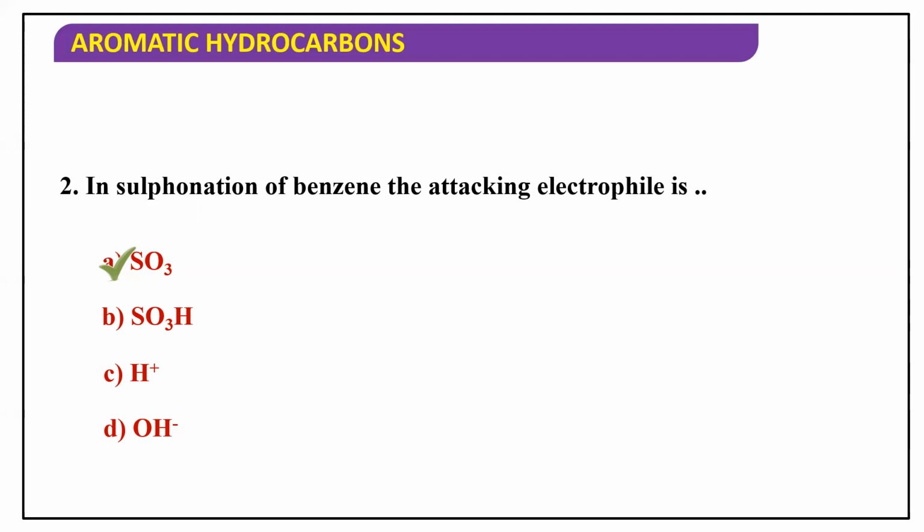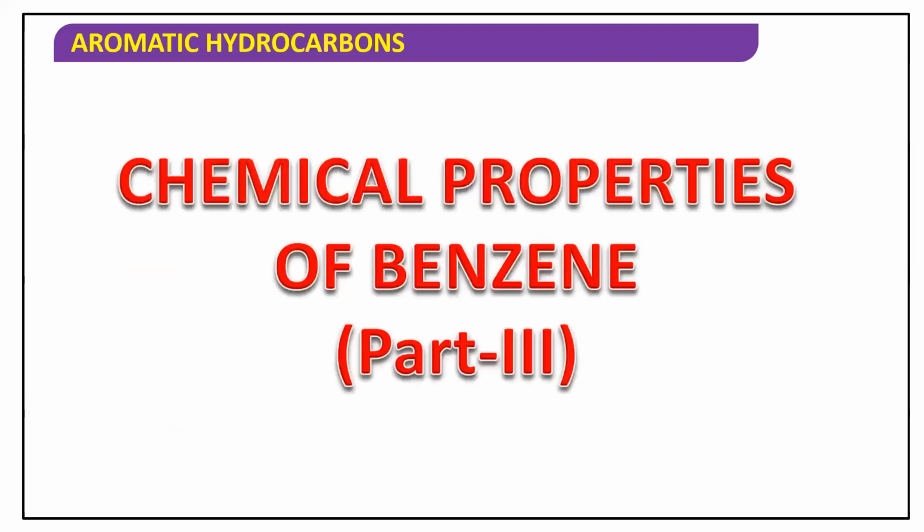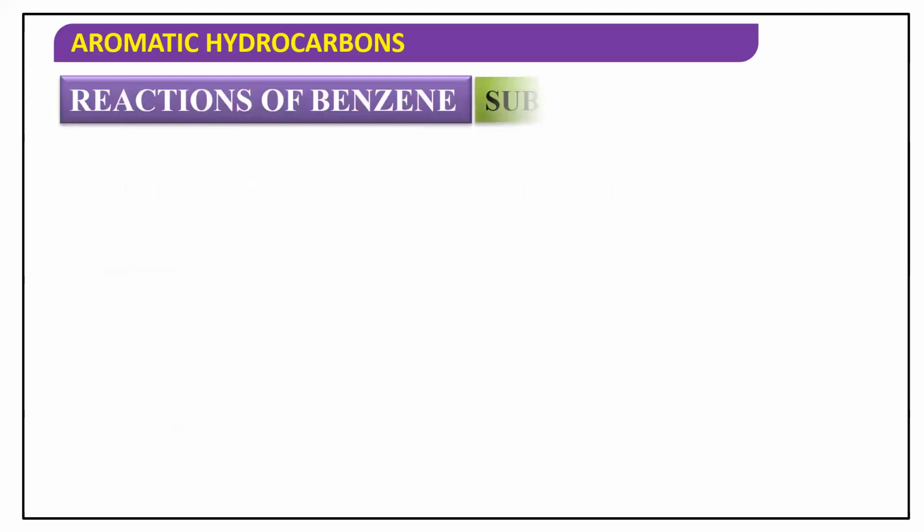Now, how can somebody be neutral and still behave as an electrophile? How can somebody be neutral and still get attracted to electrons? This is the question that I want you to answer. So find out why SO3 is an electrophile in spite of being neutral. Let's look at the next set of reactions.